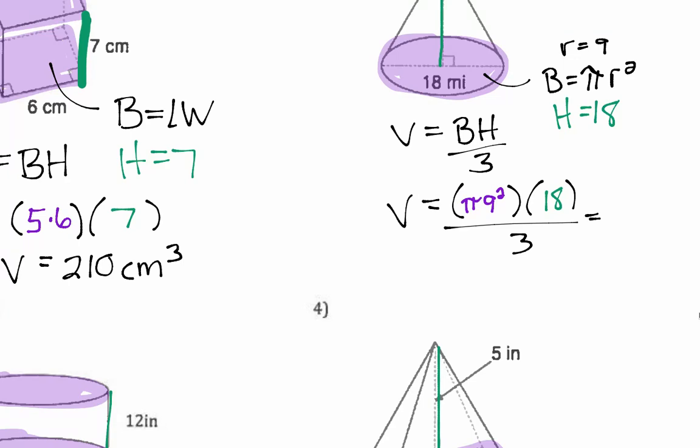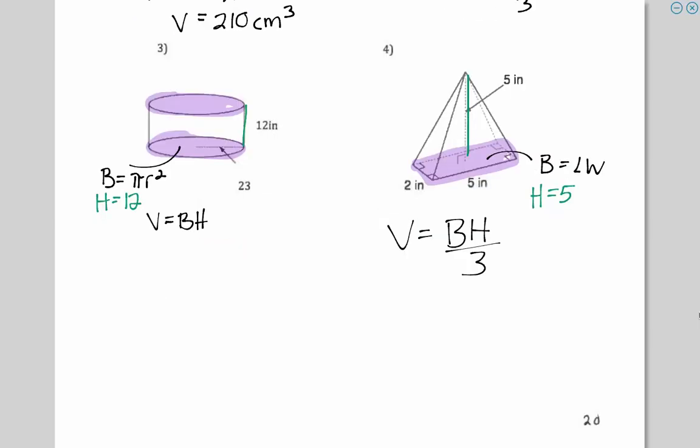You can use 3.14 or the pi button, times 18 divided by 3. That gives 1527. If you use 3.14, then your rounding would take you to 1526. That's okay. Both answers will be marked right.